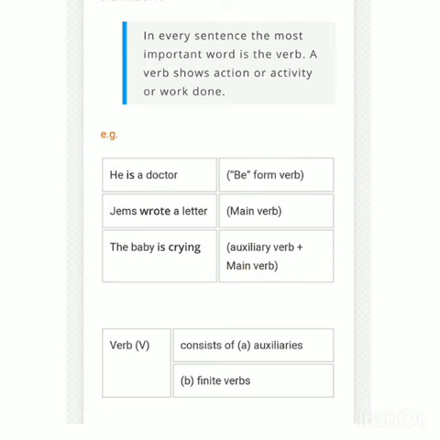Okay, in the example sentence, he is a doctor. Here is is a be form auxiliary. What are be form auxiliaries? Am, is, are are present be form auxiliaries. Was and were are past be form auxiliaries.